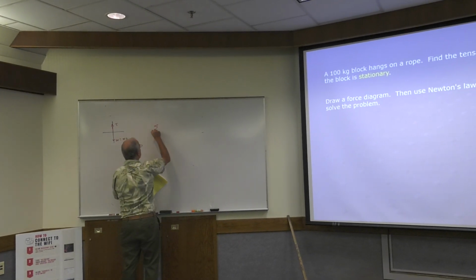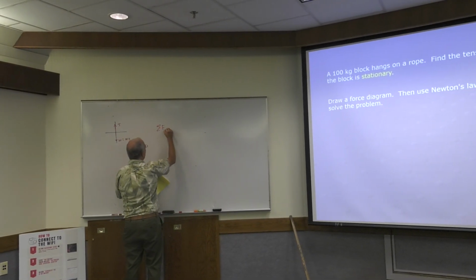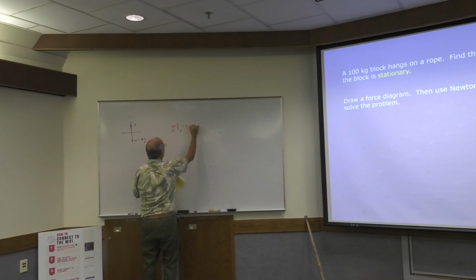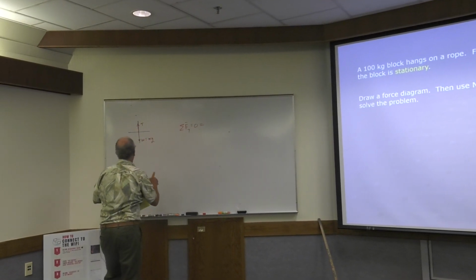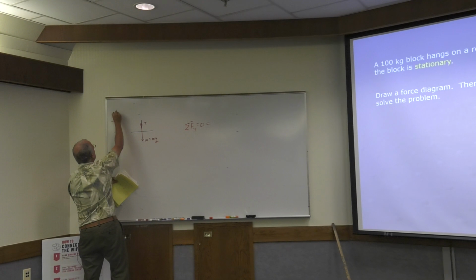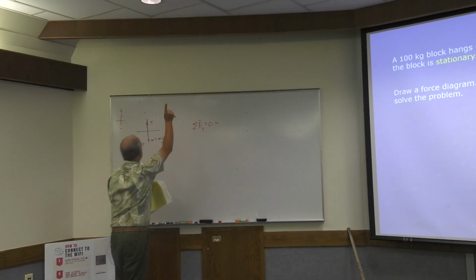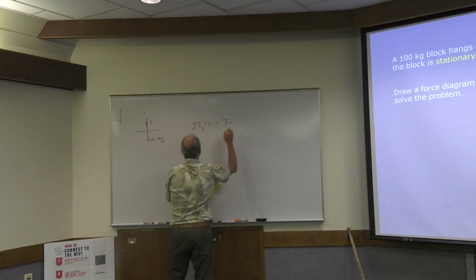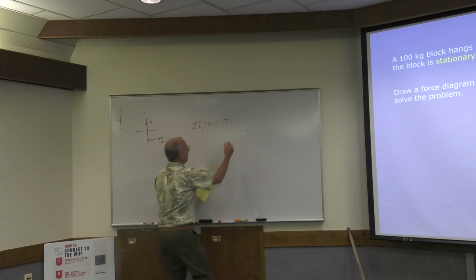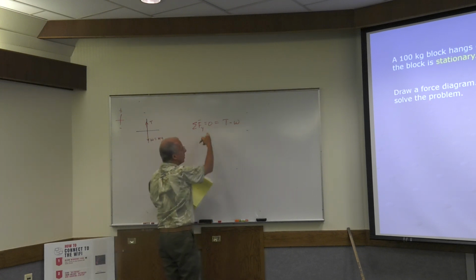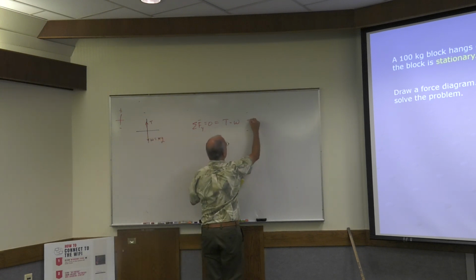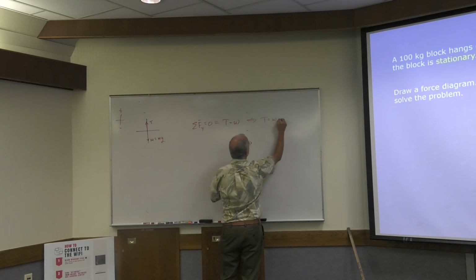So we say that the sum of the forces in the y direction equals 0. Okay, well, what is it? We're using the Randy 9 coordinate system, might as well. So T is up, weight is down, and it equals 0. So therefore, the tension equals the weight.